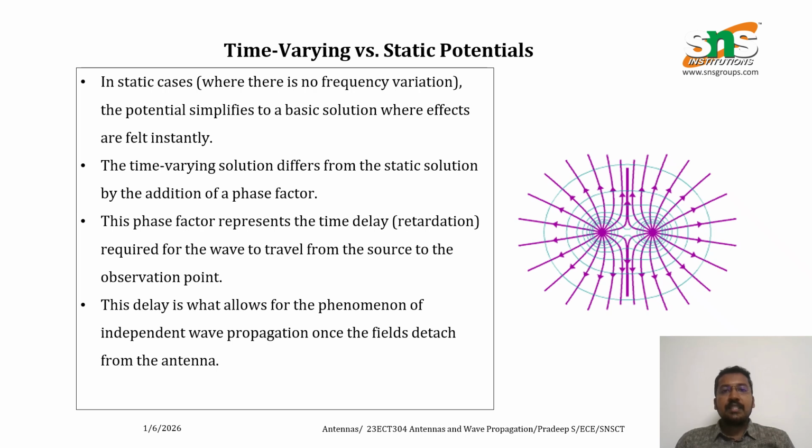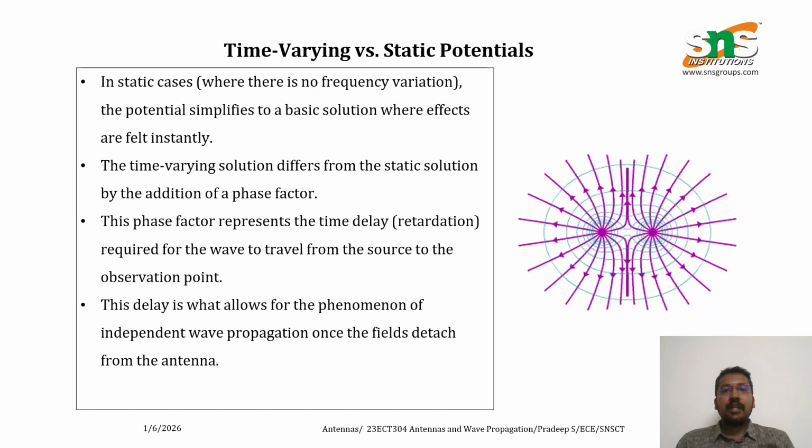In static cases, where there is no frequency variation, the potential reduces to a simple solution in which the effects are felt instantaneously through space. When the source varies with time, the solution differs from the static case by the inclusion of an additional phase factor.